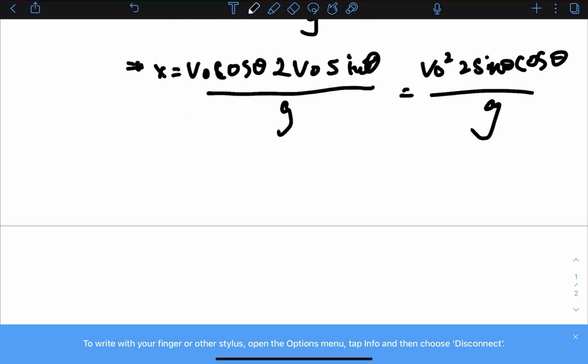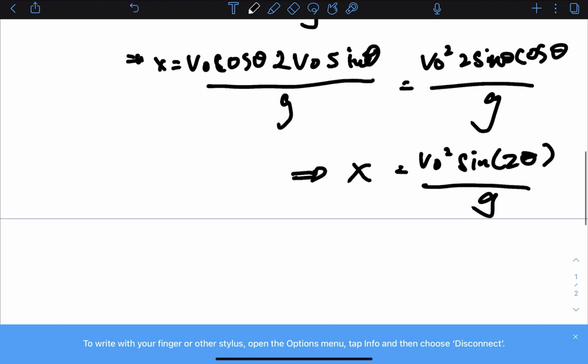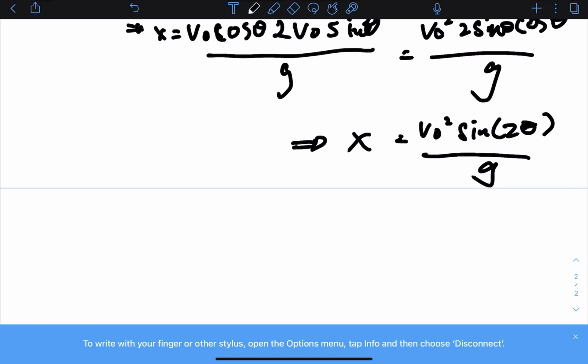We can further simplify this expression into v0 squared sine 2 theta over g. This tells us how far the cannonball would travel with initial velocity v0 at an angle theta with respect to the horizontal axis.